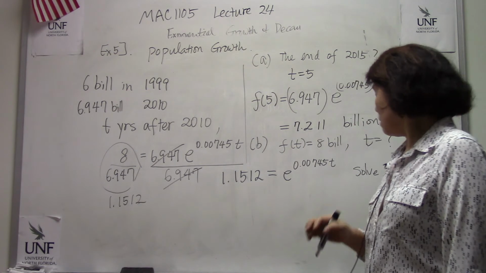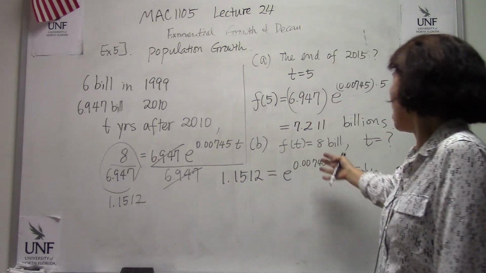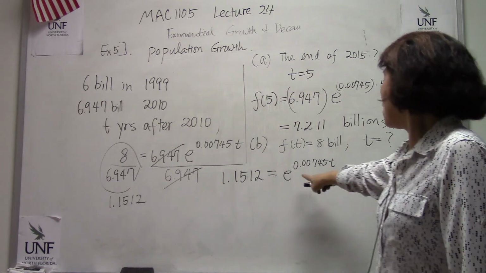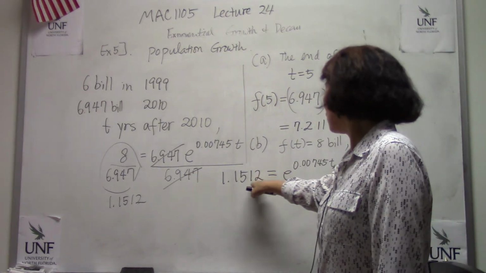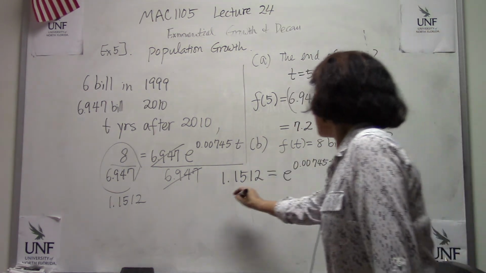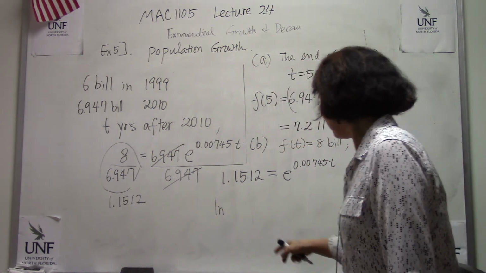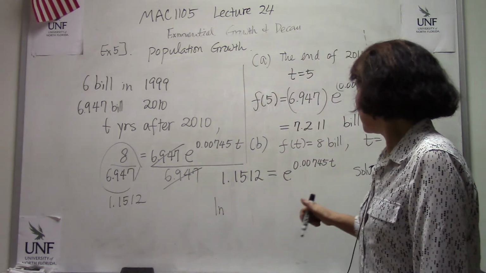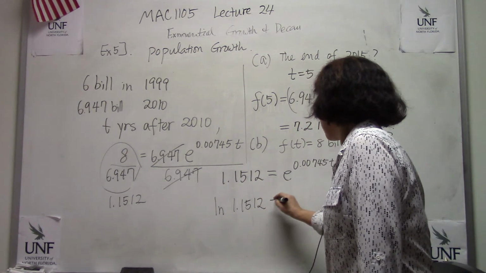Same as before, okay? Whether these are simple numbers or complex numbers doesn't matter. What you have is an exponential function, and there's no other exponential thing over here, therefore we are going to convert. So what is that again? ln, because this base is e. So ln 1.1512 equals this.